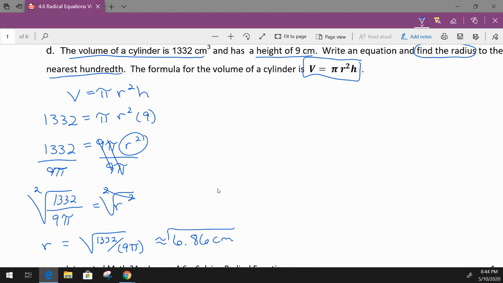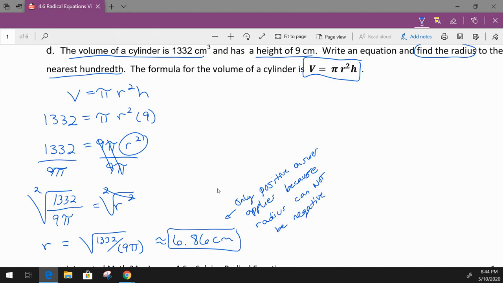So only the positive answer applies, because the radius cannot be negative. And that goes for any type of a distance.